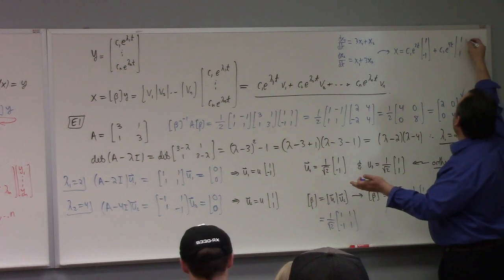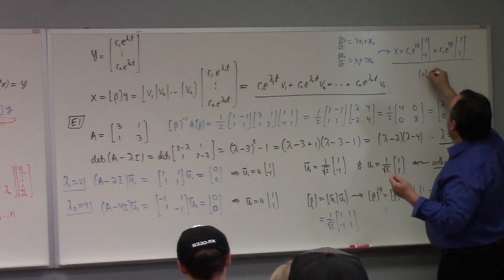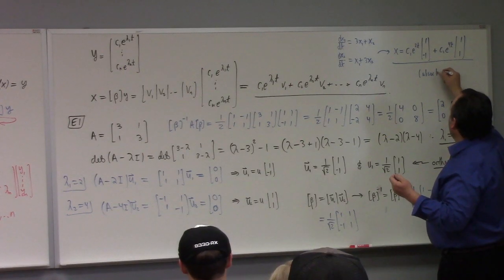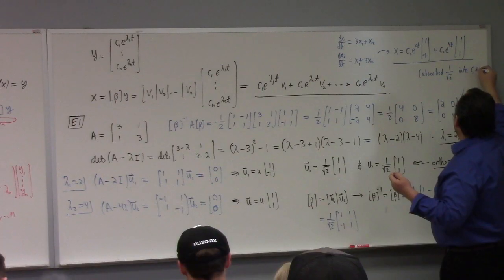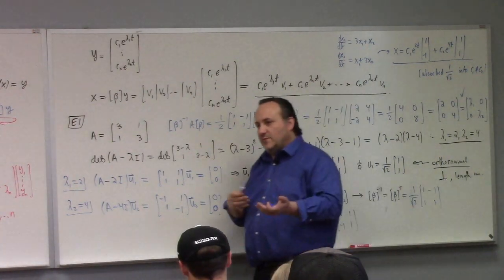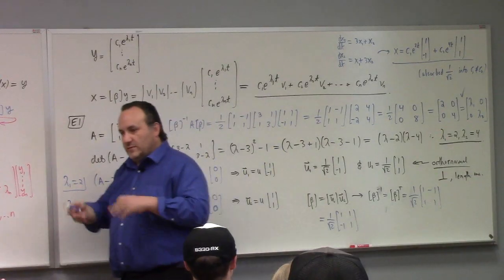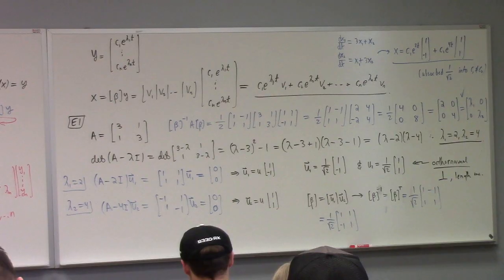What did I not do here, guys? You didn't bring up 1 over root 2. That's right. So you could say I absorbed 1 over root 2 into the c1 and c2 if you like. Or if you'd rather, you could say I used the eigenbasis v1 and v2, which are just square root of 2 times my u1 and u2. I don't need to write the square root of 2 in the solution there if I don't want to, right?